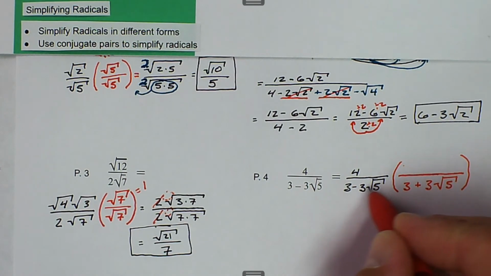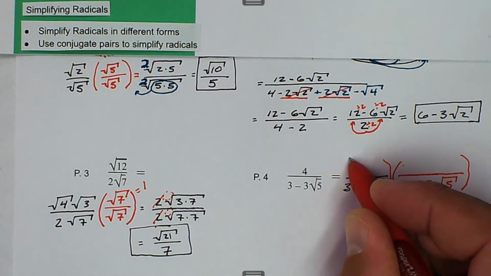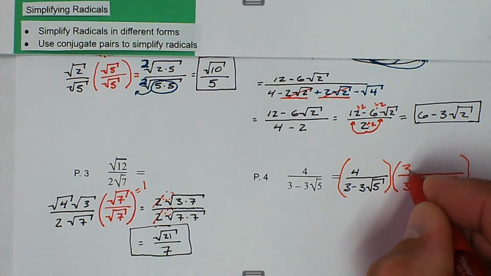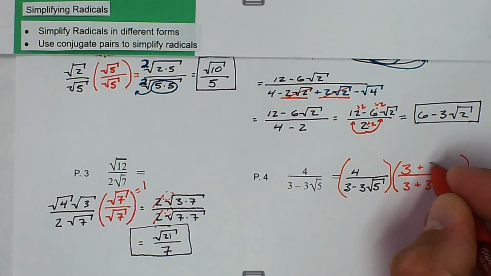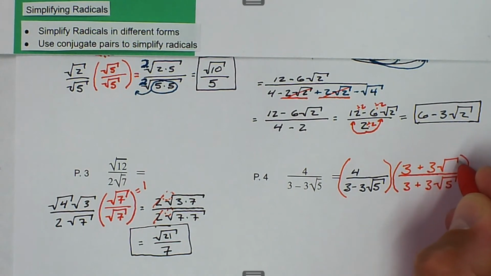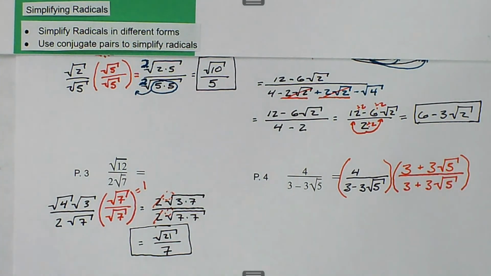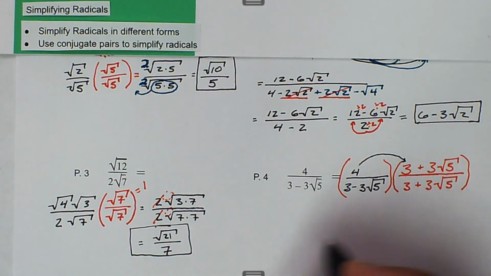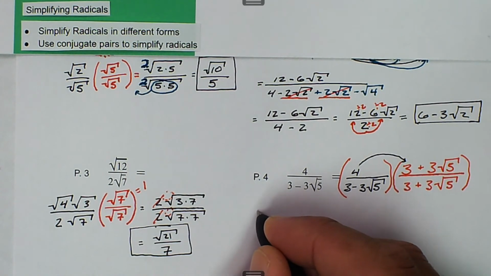And in order to make sure that we're not changing the value here, whatever we put in the denominator, we have to put in the numerator. So 3 plus 3 times the square root of 5. So when we do this multiplication, we get 4 times 3 is 12.